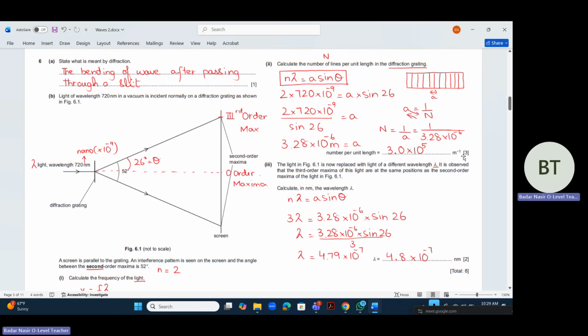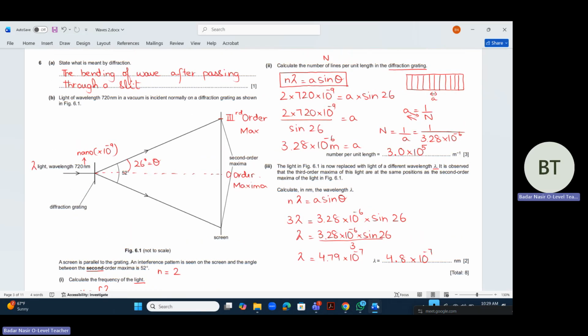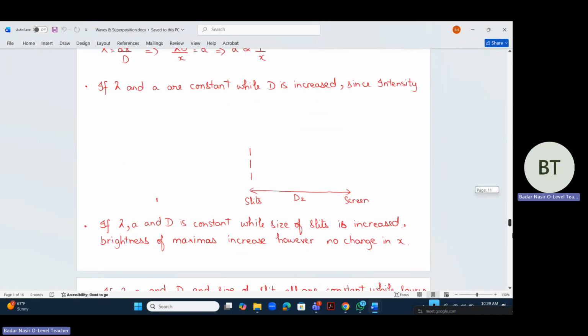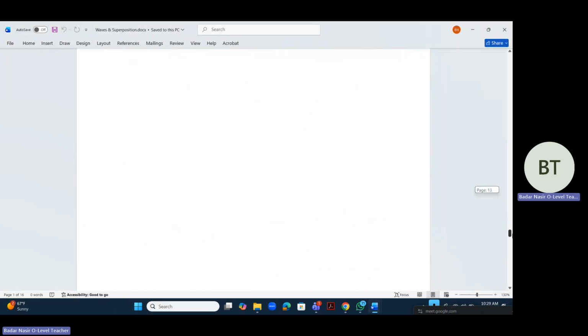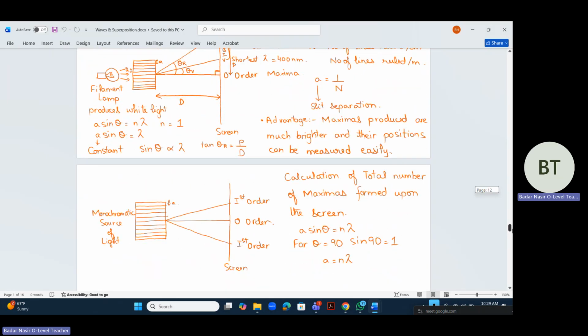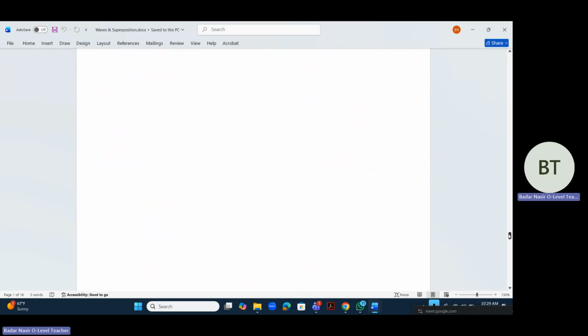Okay, so now let's just continue from where we just left. So we completed the concept for the diffraction grating. ठीक है, we are done with diffraction grating.